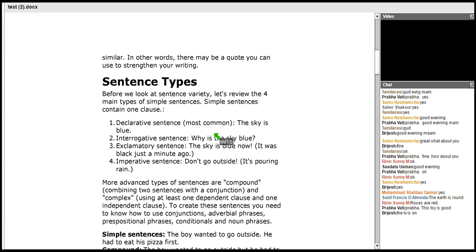Brijesh, you should start a sentence with a capital letter and end it with a full stop. Prabha, where is the full stop? Sunil, the full stop is missing in your sentence.